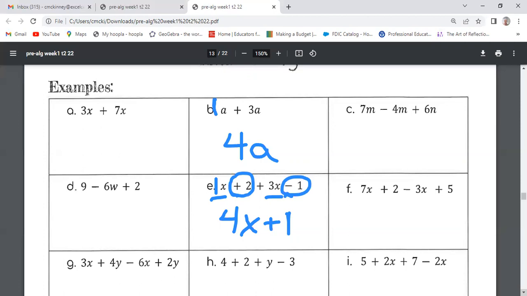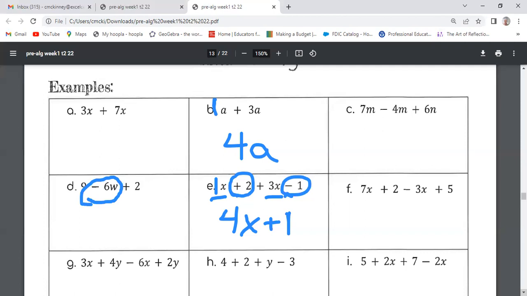So the sign only goes on what immediately follows it. So over here in D, where it says 9 minus 6w plus 2, that minus sign is only on the 6w, all right?